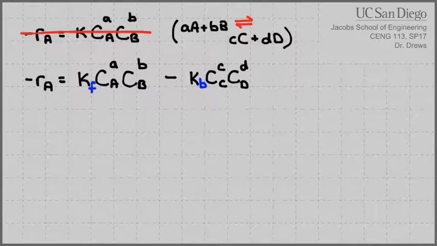So we can write a reverse reaction rate for the reverse elementary reaction in exactly the same way we did for the forwards. It just has a different rate constant k associated with it.